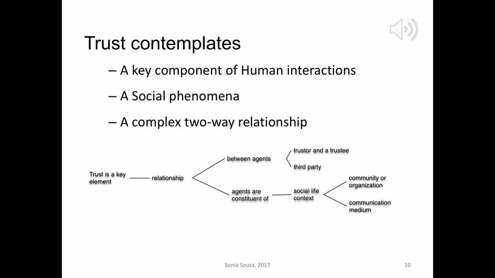A relationship that can be between two agents or more, a truster and a trustee, or a third party. Those agents are situated in a social context or a social life that is within a community or organization, or it can be provided by a communication medium like Skype or Google Hangouts.